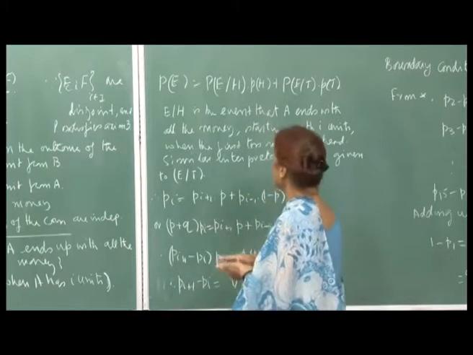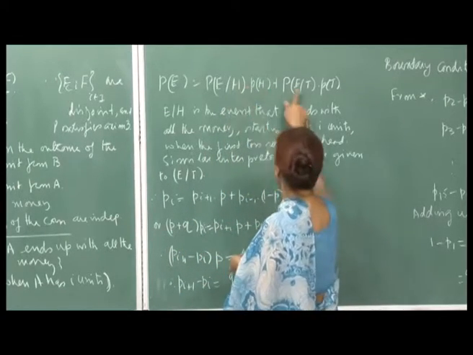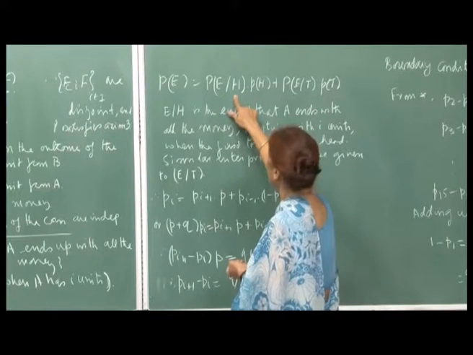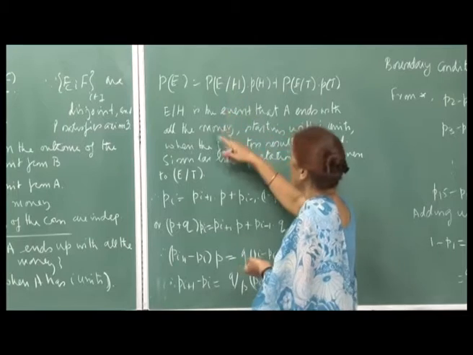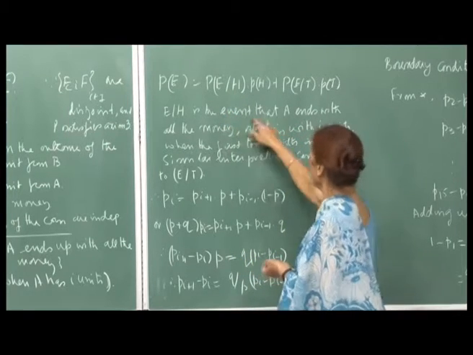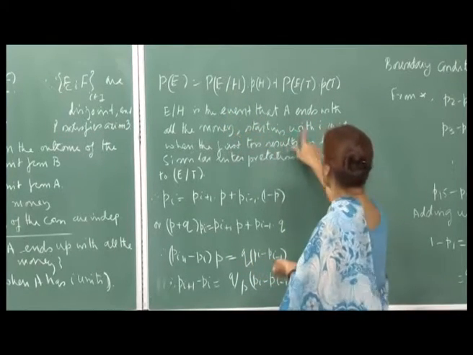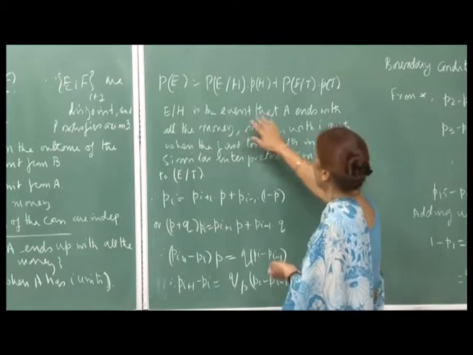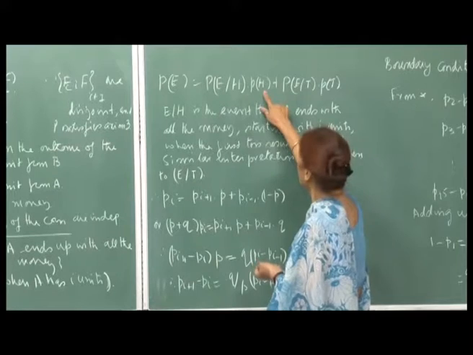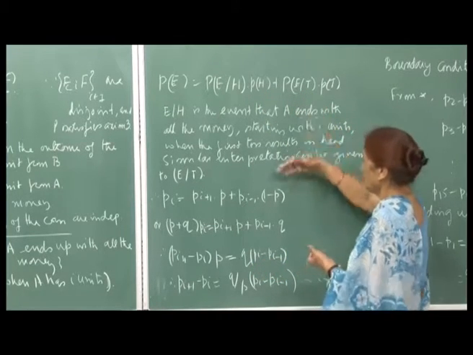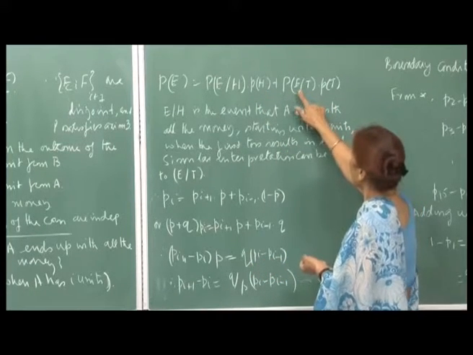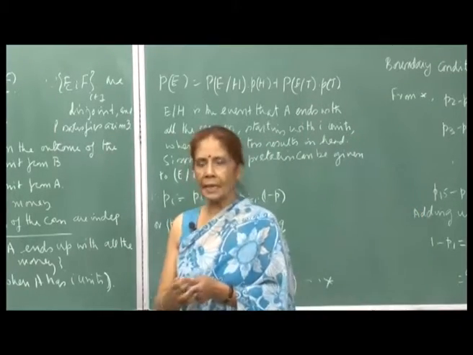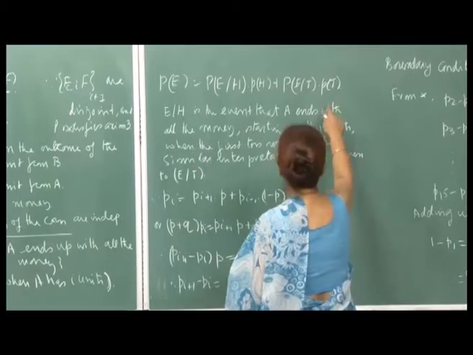So, the first toss of the coin either results in H or in T. So, this is the conditional probability of E. This is the event that A ends up with all the money starting with i units when the first toss results in head. So, this is that event, right. So, that into P(H) plus, again with a similar interpretation, A ends up with all the money when the first toss of the coin shows a tail, right. So, this is this into P(T).